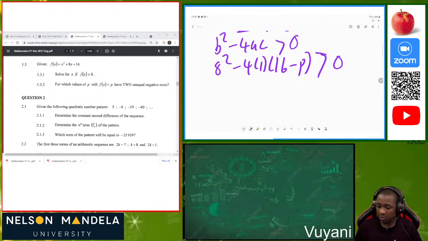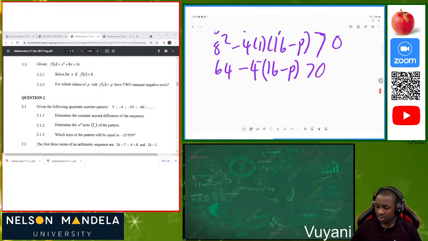So solving that, you're going to have 64 minus 4 times 16 minus p, greater than 0. We will see that this is equal to 64 minus 64 plus 4p, greater than 0.